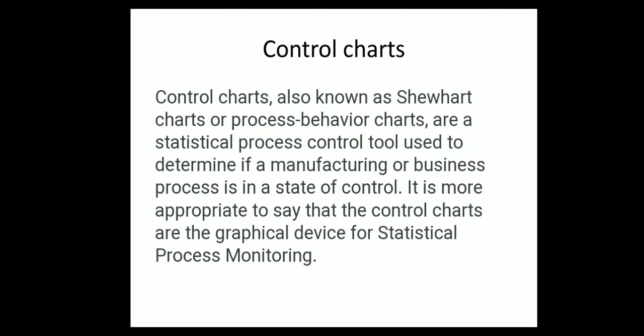Control charts, also known as Shewhart charts or process behavior charts, are a statistical process control tool used to determine if a manufacturing or a business process is in a state of control. It is more appropriate to say that control charts are the graphical device for statistical process monitoring.